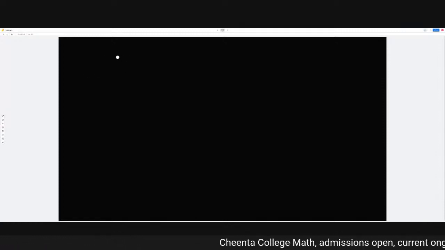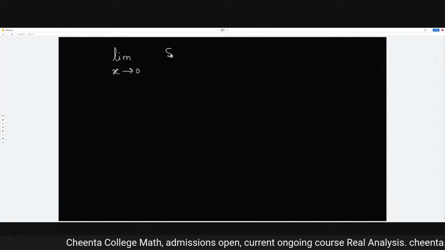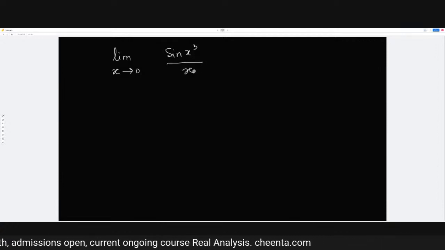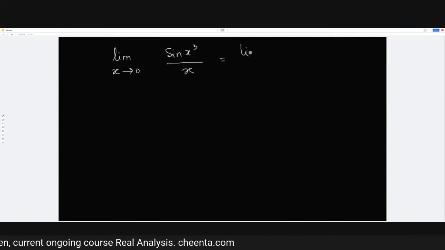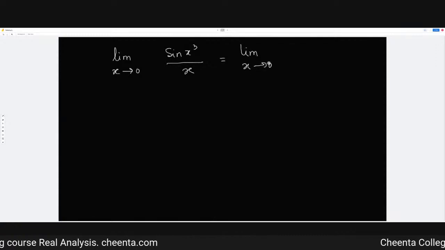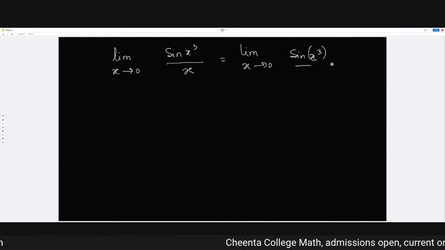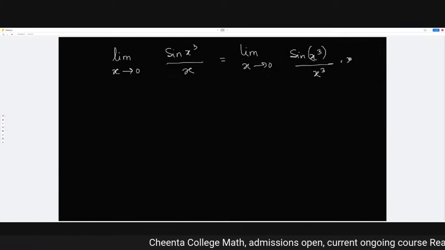So if I take the limit as x tends to 0 of sine x cubed by x, you can write it as the limit of sine x cubed by x cubed into x square.